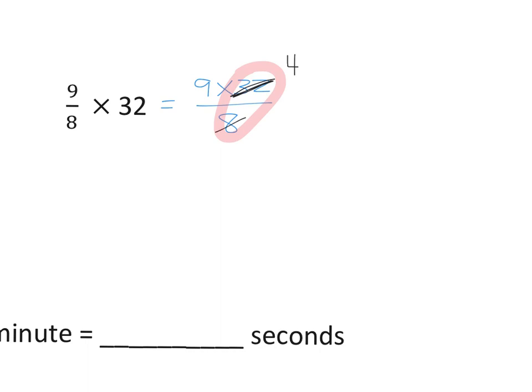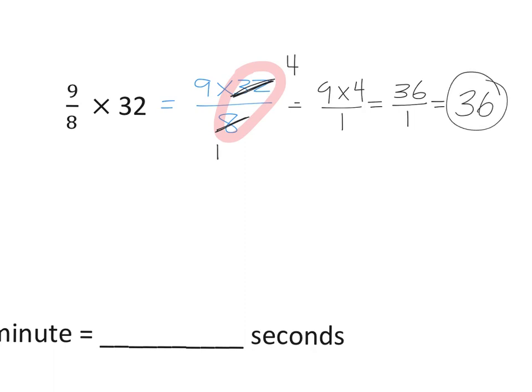And 8 divided by 8 would give me 1. So I used 8 to divide 32 and 8 by to get smaller numbers. Now I have 9 times 4 over 1. Well, 9 times 4, we should know that it's 36 over 1, which then we know that 36 over 1 is the same thing as 36 divided by 1, which is the same thing as 36.